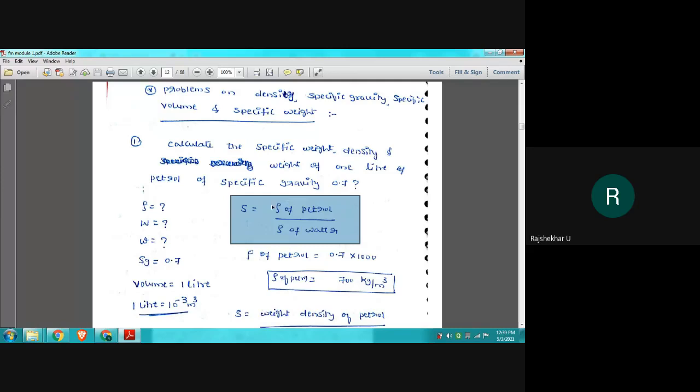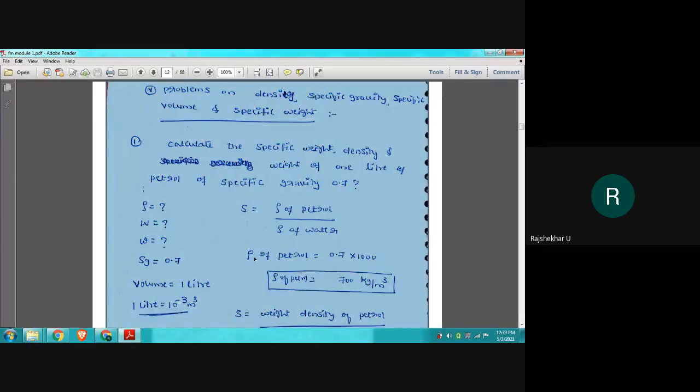Density of petrol we don't know. Can anybody tell me what is the density of water? 1000. Correct. Density of water is 1000. It is a standard value, remember. So if you substitute here 0.7 and here 1000, you'll get the density of petrol.